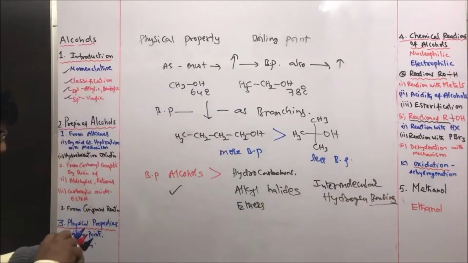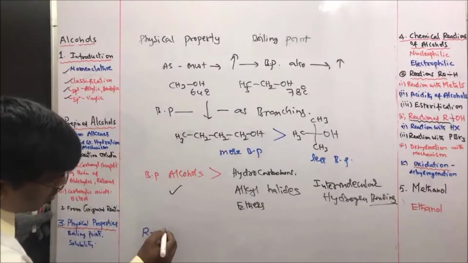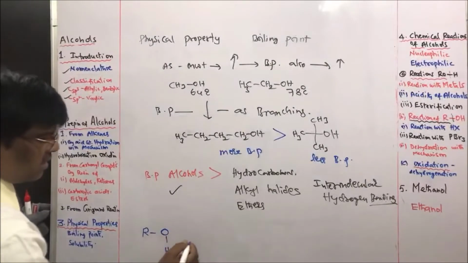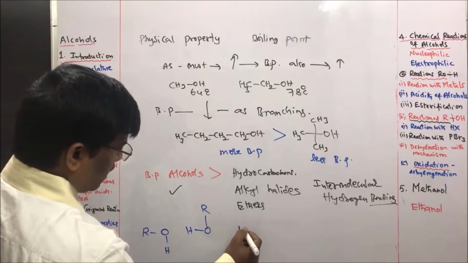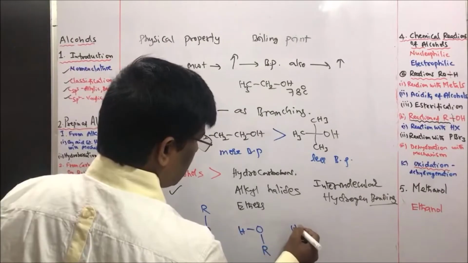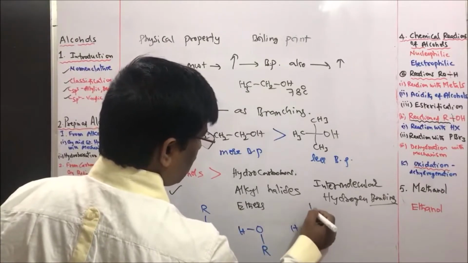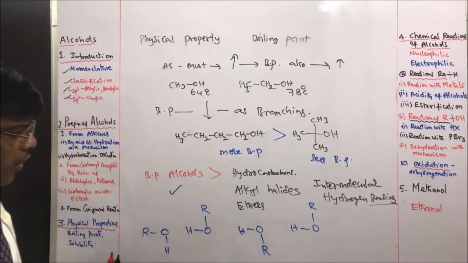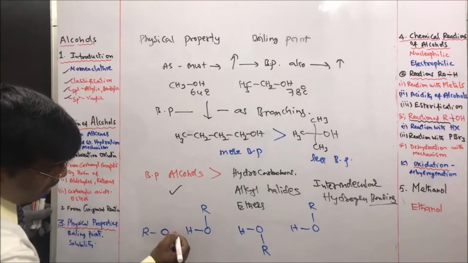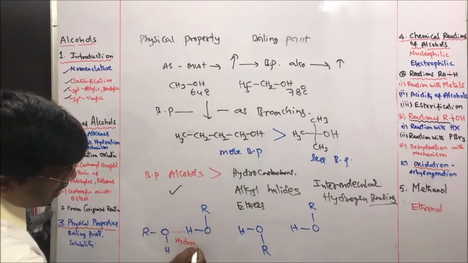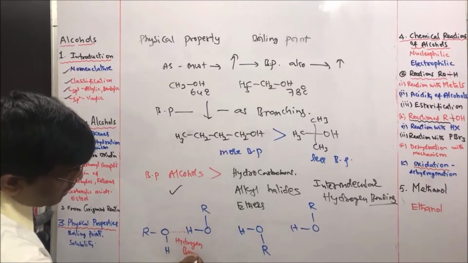Let us take an alcohol ROH, and I can write HOR, HOR. These are all alcohol molecules in solution, and they can have intermolecular hydrogen bonding between each other.